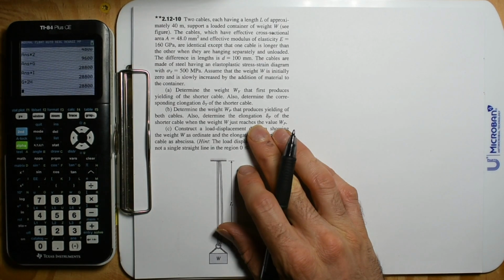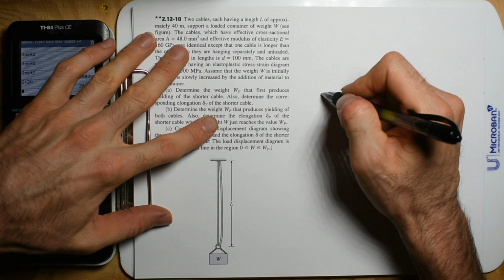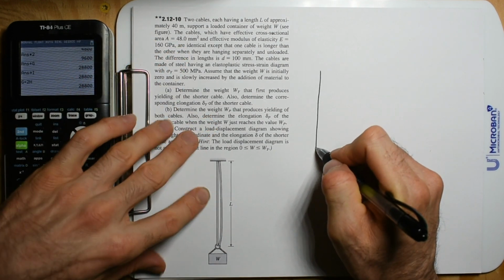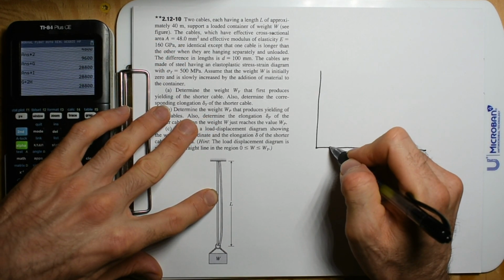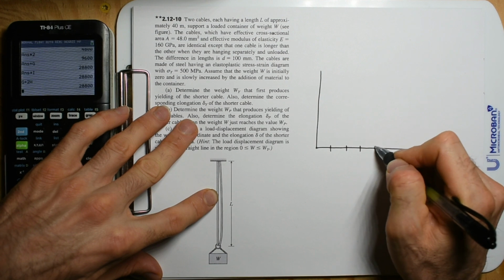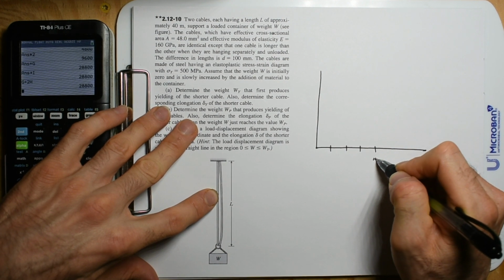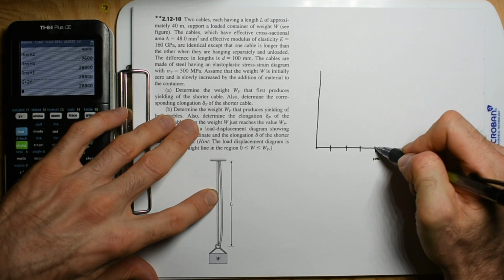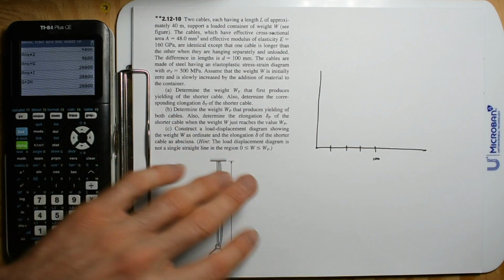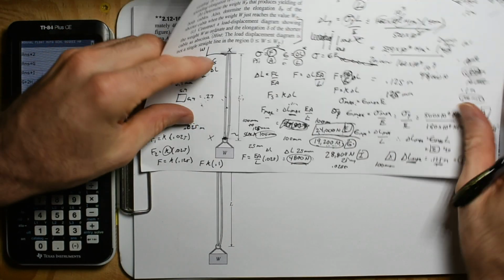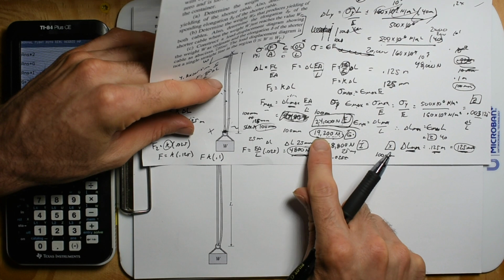We got some minutes to do this, so we'll do a little diagram. Like we said, for that first 100, it's only going to be one cable. And so that one cable is going to stretch 19.